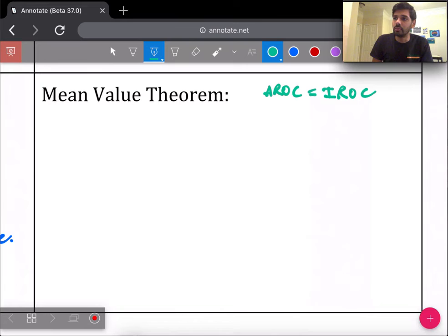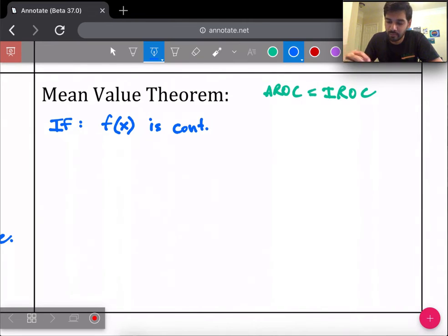And so what the mean value theorem says, so we have a theorem, so it's going to be if we have these things true, then something else is true. So the first thing that's true is that f of x is some function that is continuous and differentiable, meaning you can take the derivative at any point, in some interval from a to b.